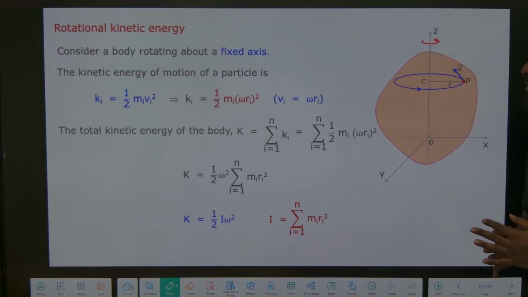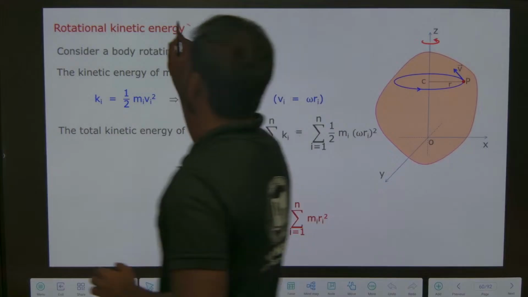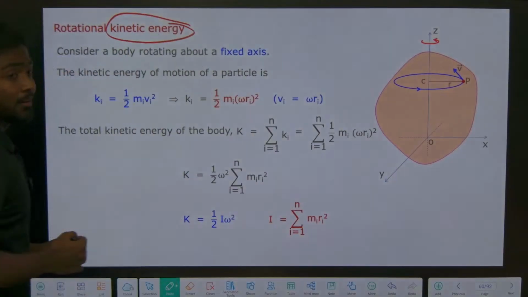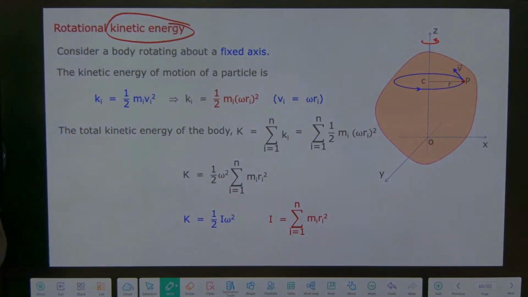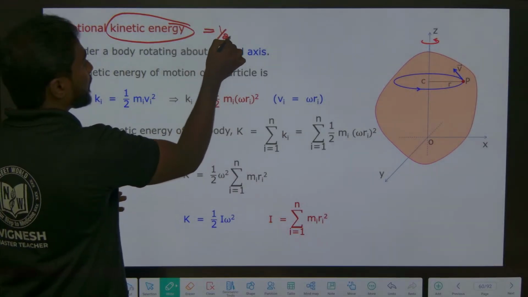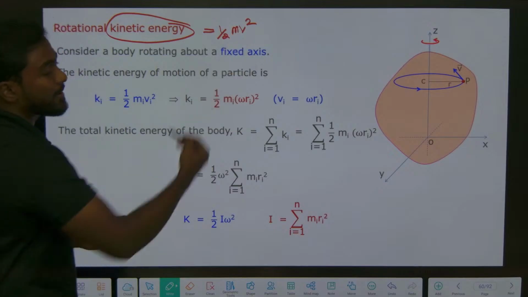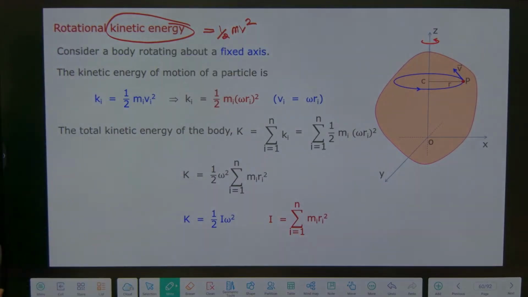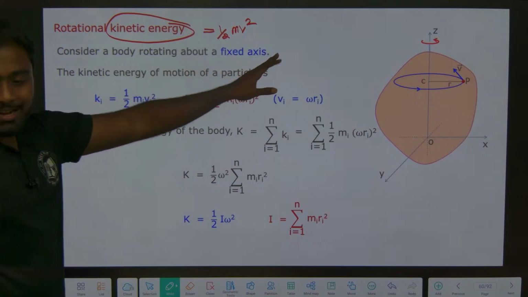So we have talked about kinetic energy, right? Kinetic energy depends on the motion of a body. So we know the formula, that is half mv square, where m is the mass of the body and v is the velocity. Now we consider a body rotating about a fixed axis.